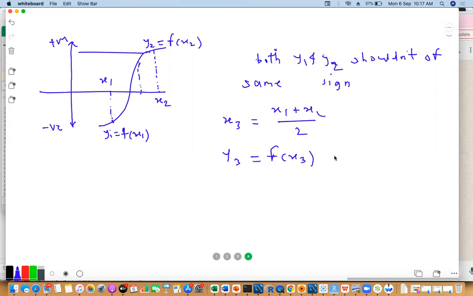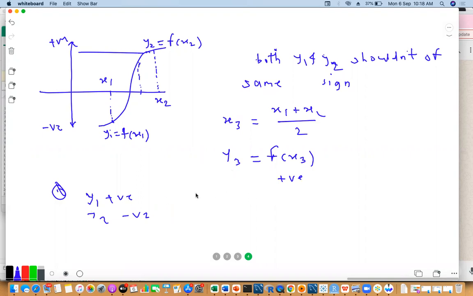Let us say in the first case y1 is positive, y2 is negative, and our y3, now that we have calculated it, is positive. With an example it will be more clear. Here I am trying to explain the method. Now y3 is positive.